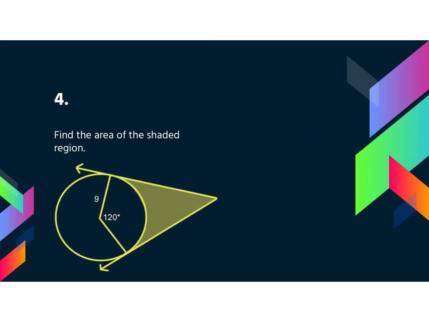Again, we're going to find the area of the shaded region, and here we have our kite. And then we're going to take away 1/3, since it's 120 degrees out of 360, pi r squared, because that's the sector of our circle that we're working with.